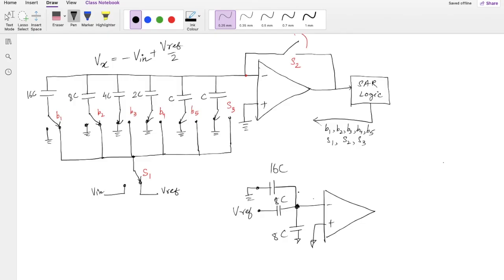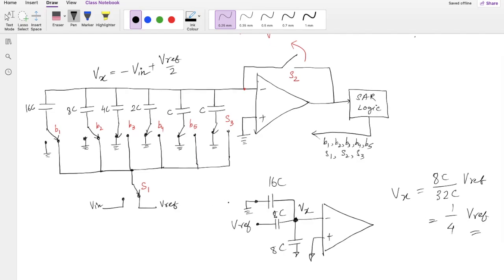So this voltage Vx will be, imagining all the capacitors are initially discharged, or the charge is 0, 8C over the sum of all of these, which is again 32C, times Vref. That means this becomes 1/4 of Vref.